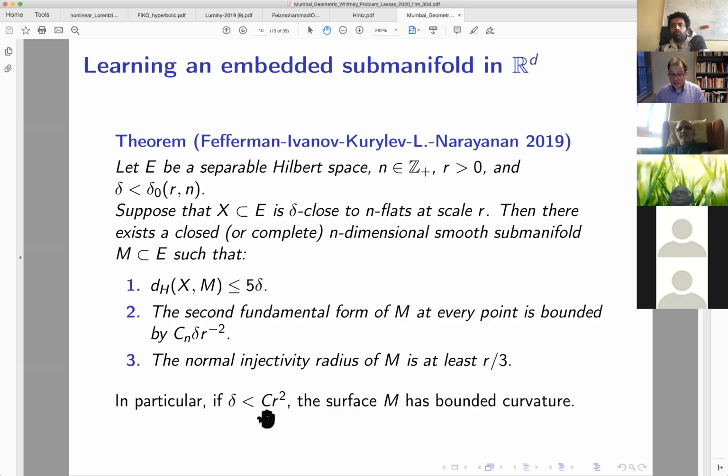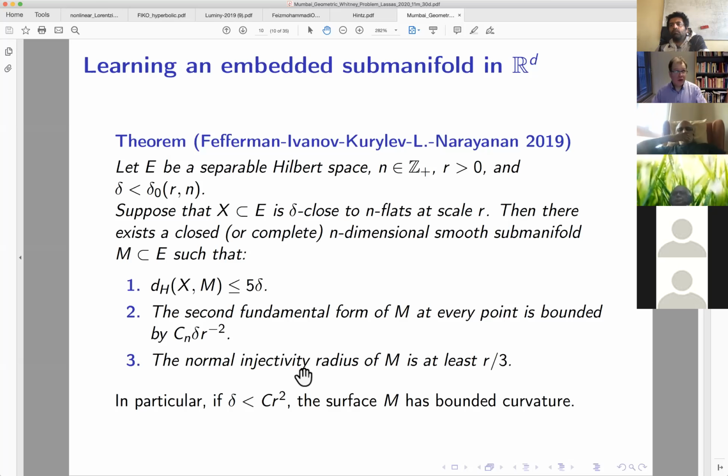What is the normal injectivity radius? Sorry, yes, I forgot to mention this. When we have a surface in Euclidean space, we are considering the tubular neighborhood.